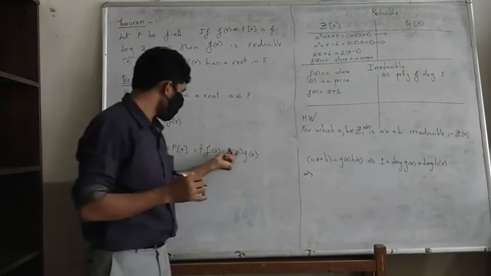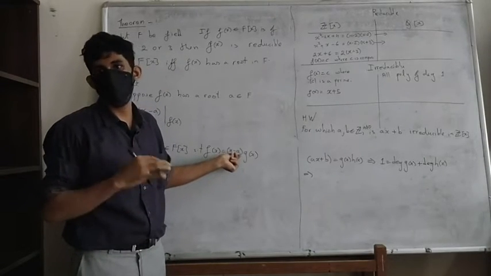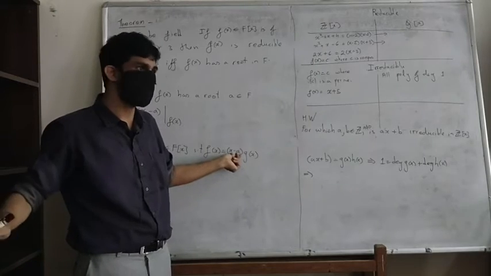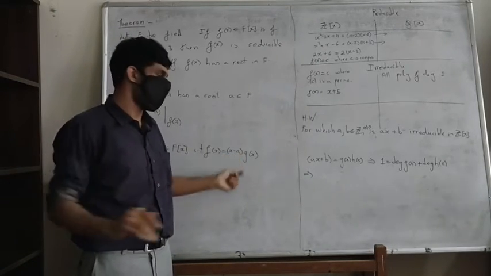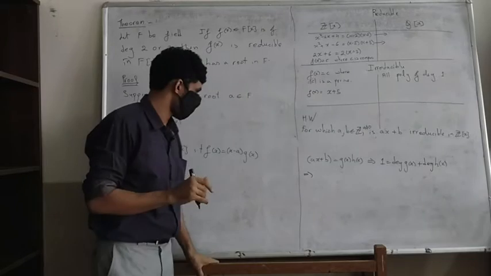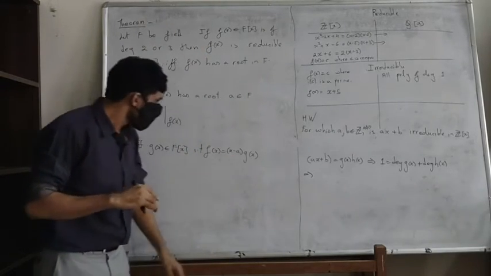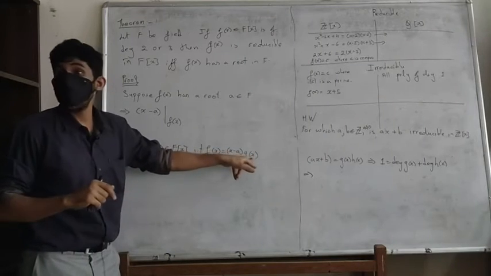Now notice that x minus a is not a unit because it's a polynomial of degree 1. We know exactly the units in F[x]: they are essentially the non-zero constant polynomials. Similarly, g is also not a unit.